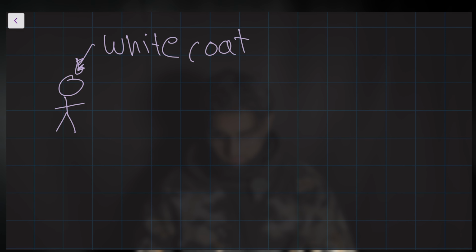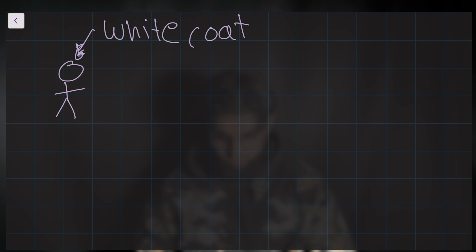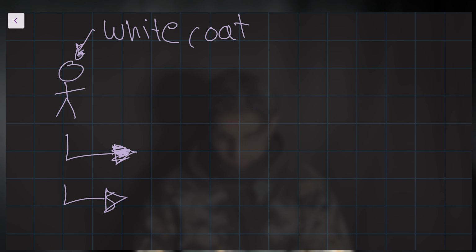So welcome our patient back, Mr. Whitecoat, right? And we'll go through just some of the classic presentations of asthma and how it presents. So we understand the physiology of asthma is that it is a chronic condition, right?